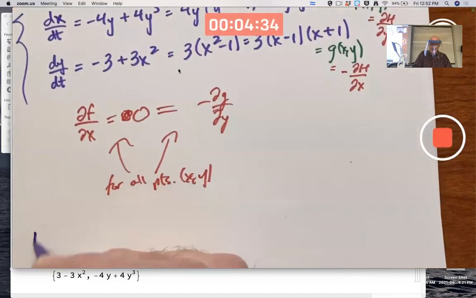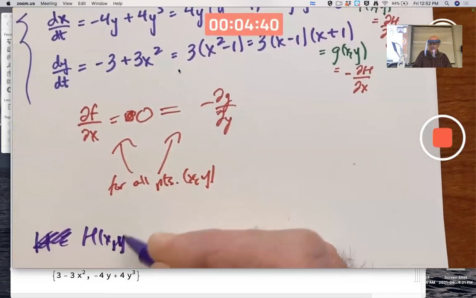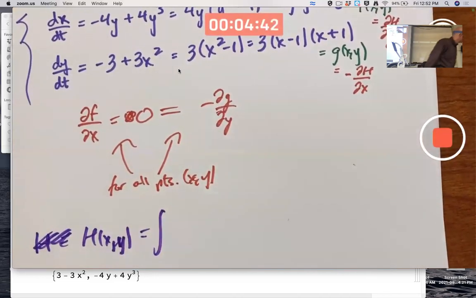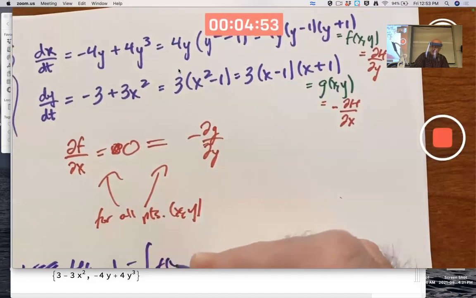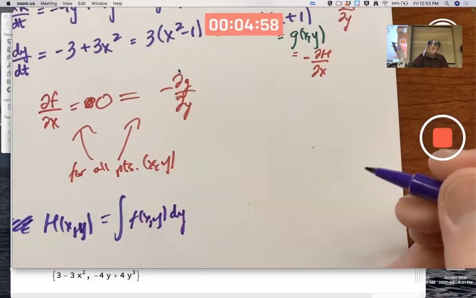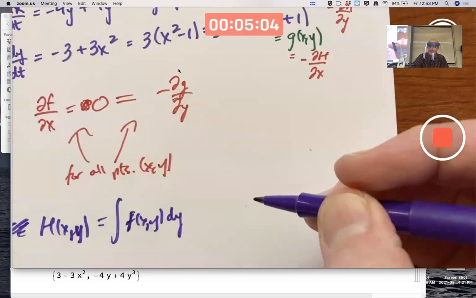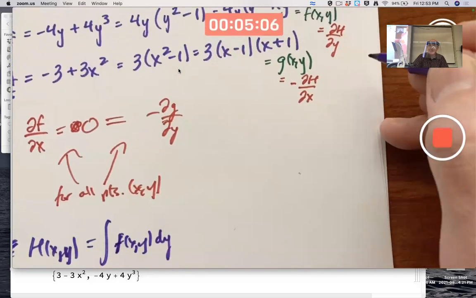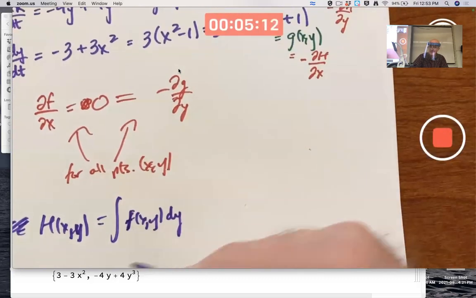I could write H of x, y is an integral of f of x, y with respect to y. I know it's Hamiltonian, so this has got to be true. f has to be the partial derivative of H with respect to y, and therefore, if we integrate it with respect to y, we should get H.